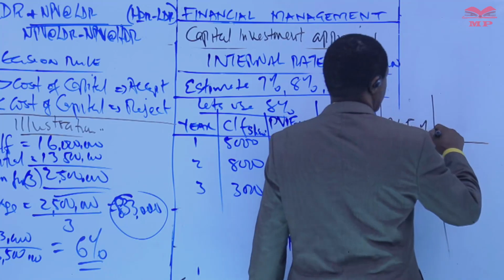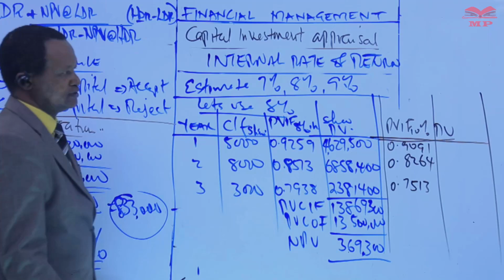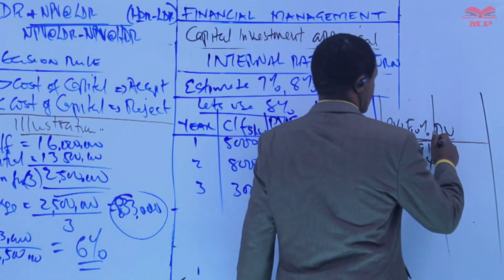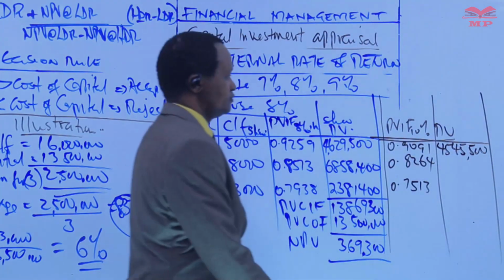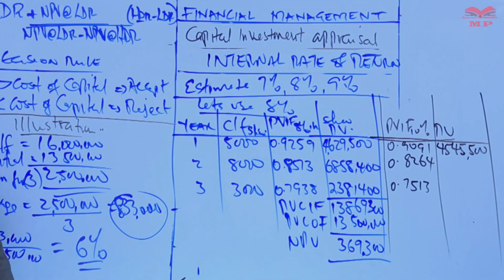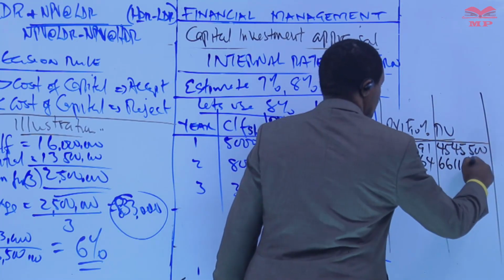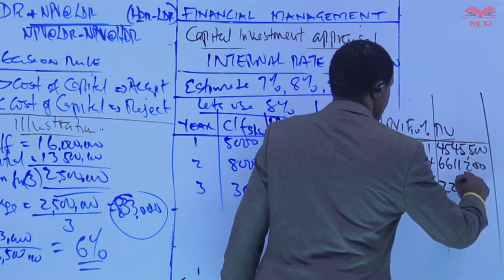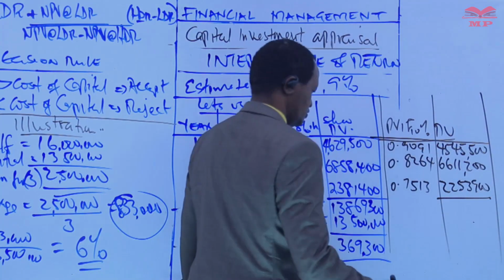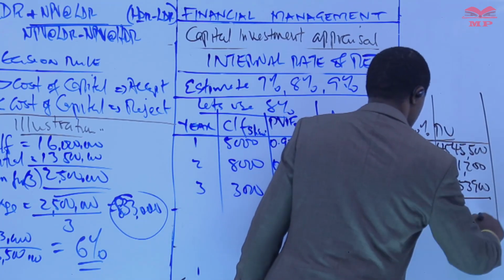Give me the present values. Multiply that by that. 45,455,00. 66,112,00. Third year, 22,539,00. Give me the total. Deduct the 13,500.